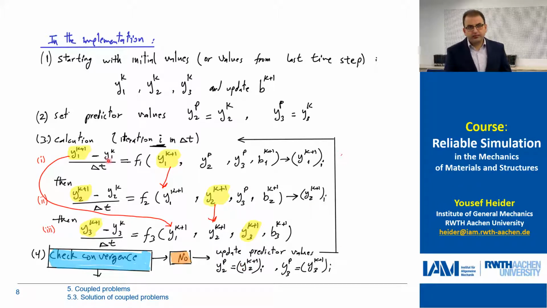Then we have to iterate. We update our predictor values by putting the resulting y2 at k plus 1 and y3 at k plus 1 as new predictors. And then we compute y1 at k plus 1 again, and we continue this loop until we get convergence.